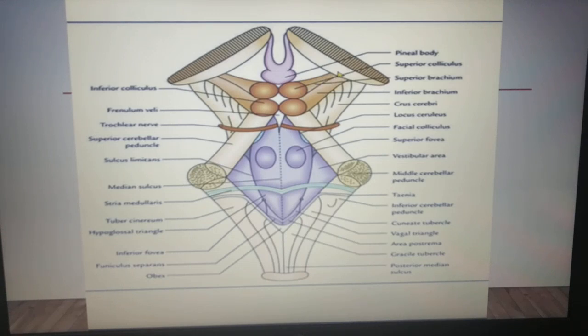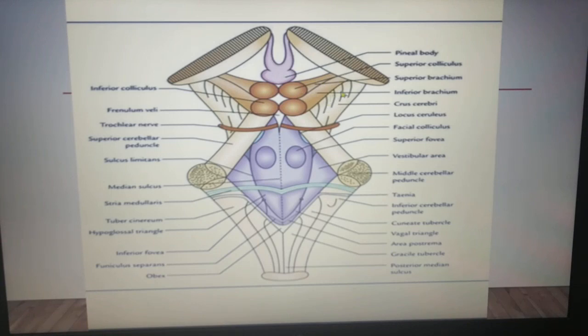Here, for understanding purposes, take L as light: light, superior colliculus, and from the superior colliculus to the lateral geniculate body, the light reflex takes place. And from the inferior colliculus via the inferior brachium, it goes to the medial geniculate body; for example, M for music. So these are the structures located on the dorsal aspect.